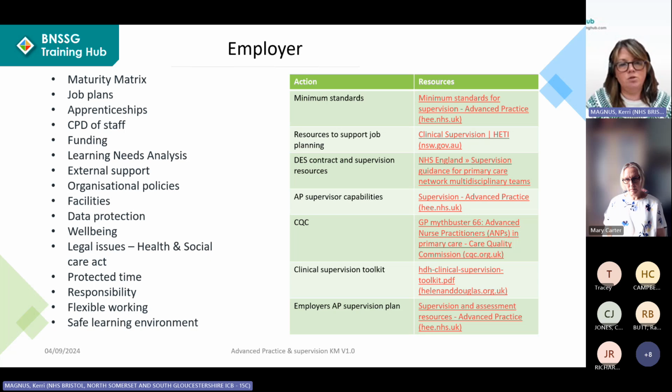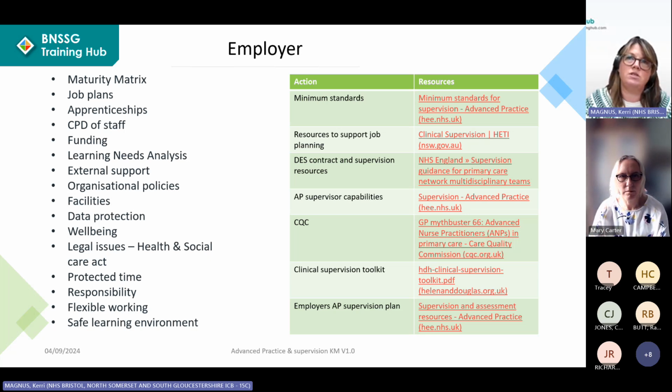There's a bit here on flexible working and safe learning environment, and that's because these are two documents that are out at the moment, and the resources will be at the end of the slides, so please do have a look at them. And supervision, as handed out, is the responsibility of the employer.